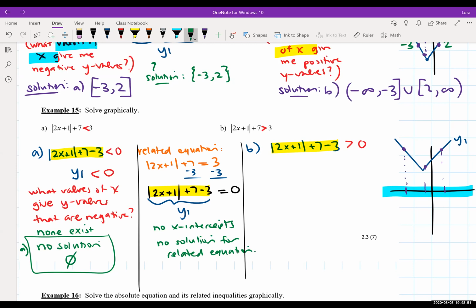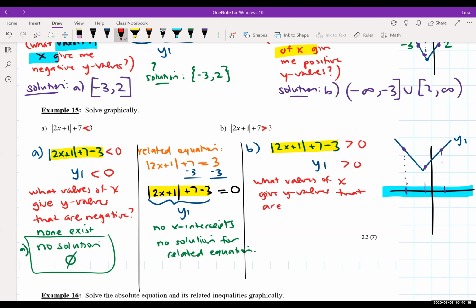Same idea for part B. You're probably looking at it in a slightly different way. We're going to look at y1, but we're looking at greater than 0. And earlier, if we're translating English, again, we're asking what values of x give y values that are greater than 0.